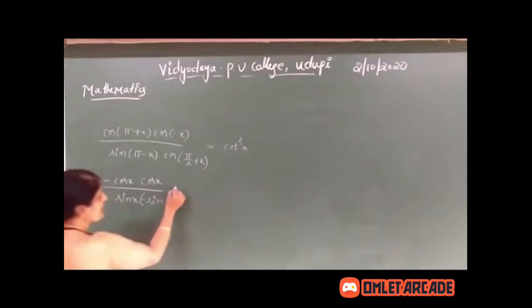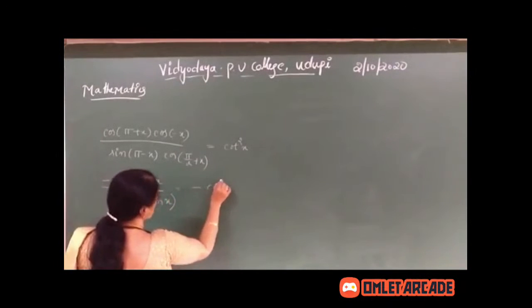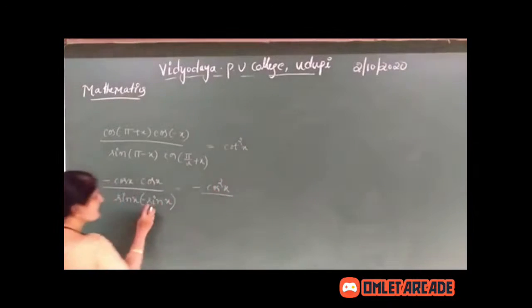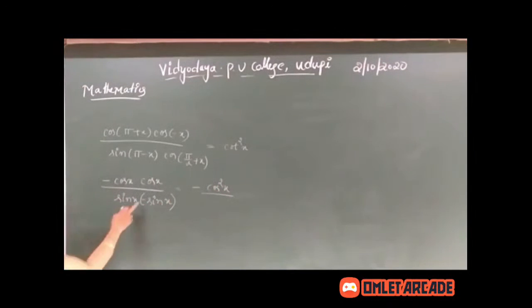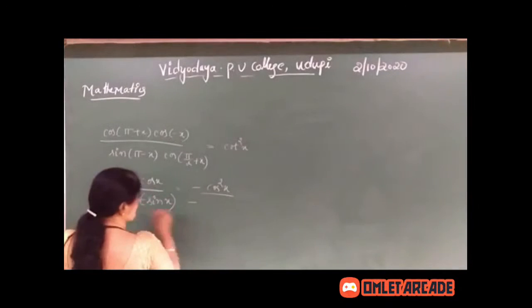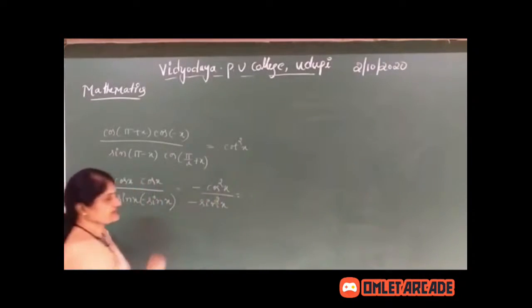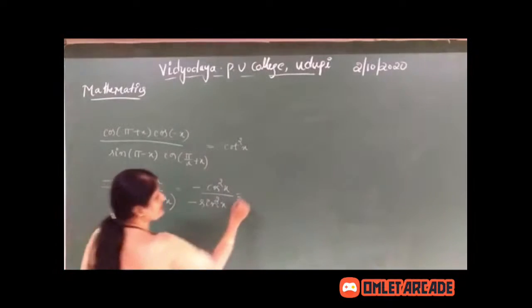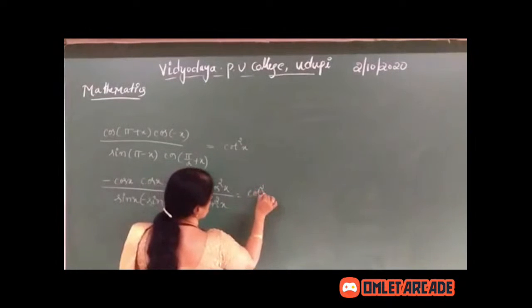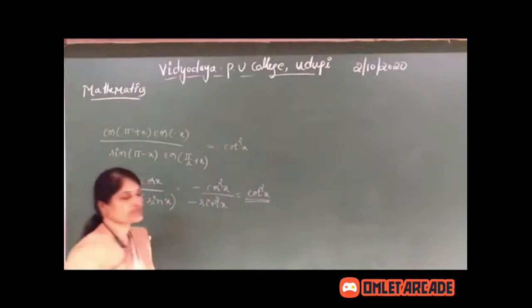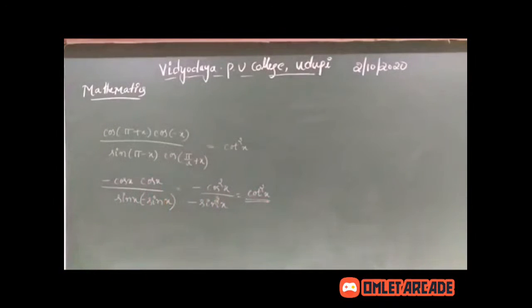Clear? So we have minus cos square x divided by minus sin square x. Negative sign cancels, and we have cot square x. Okay, right.